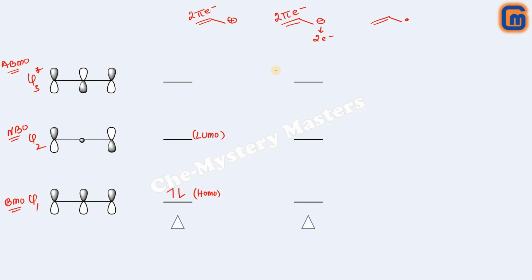So overall we have 4 electrons associated with the pericyclic reaction in case of allyl anion. These 4 electrons will be filled in this way in thermal condition. So in this case psi 2 will be our HOMO, because this is the orbital which is occupied, as well as it is at higher energy as compared to psi 1, and the next energy level, your psi 3 star, will be considered as LUMO.